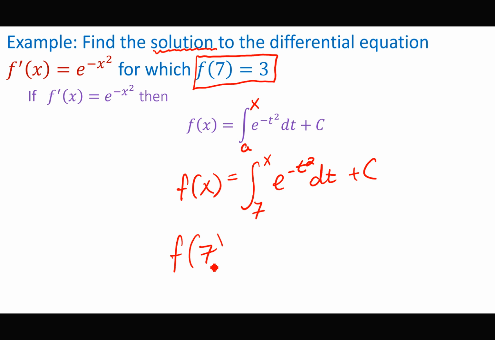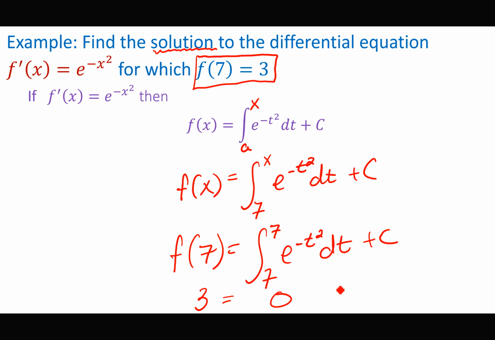So now f of 7 would be the integral from 7 to 7 of e to the negative t squared dt plus c. But I know f of 7 is really 3. My integral becomes 0 plus c. So c in this case is actually 3.